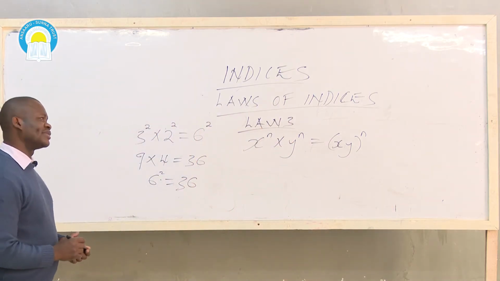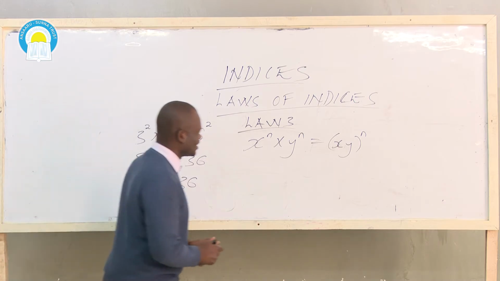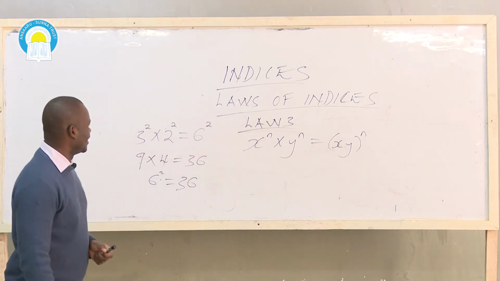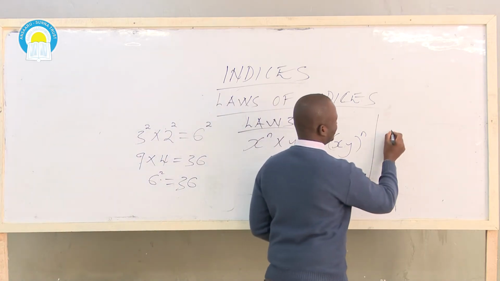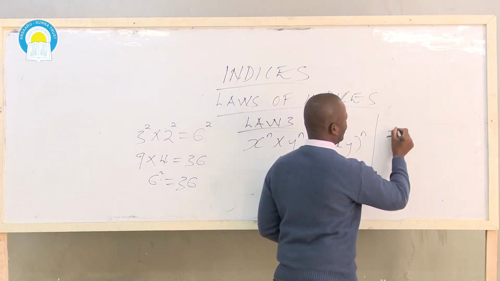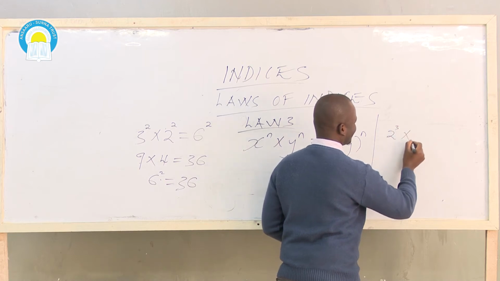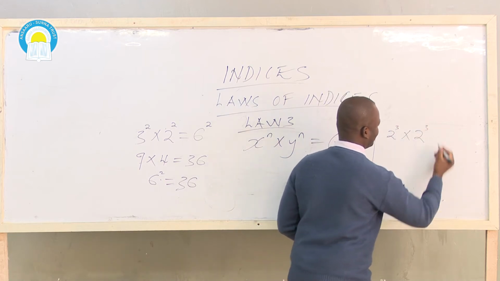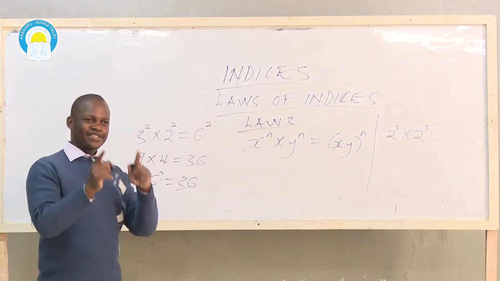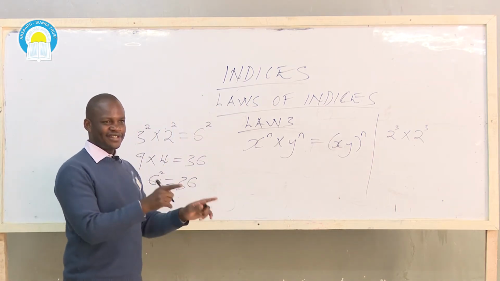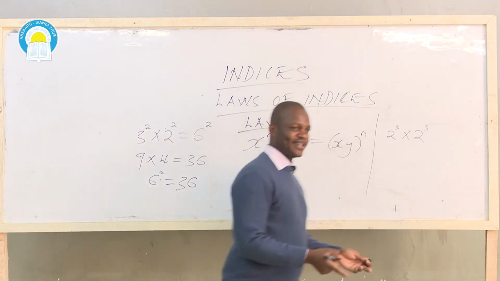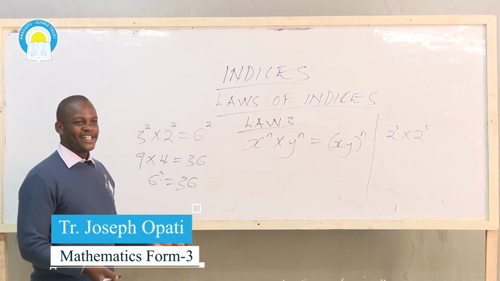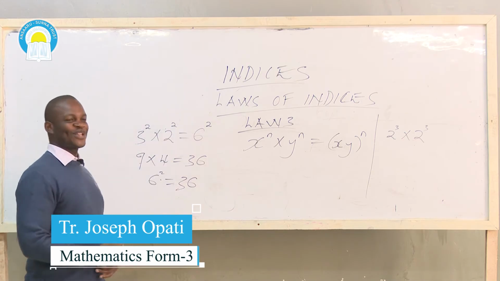Now, there was a question asked by a student in terms of such a question. You get a question like this: 2 power 3 times 2 power 3. We have the same base, we have the same power. So in this case, which law do you use? Do you use law 1 or law 3?